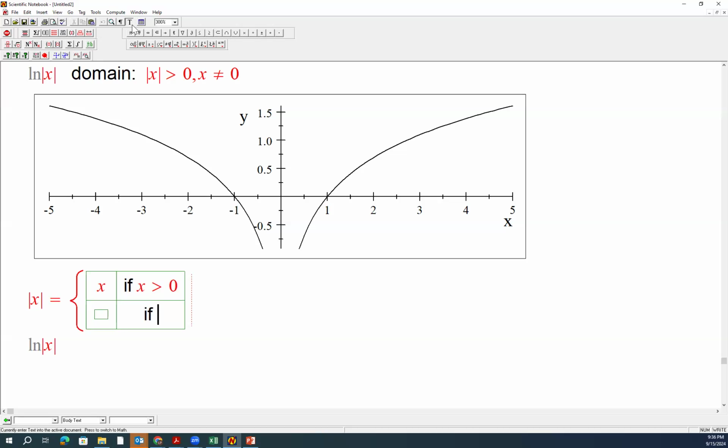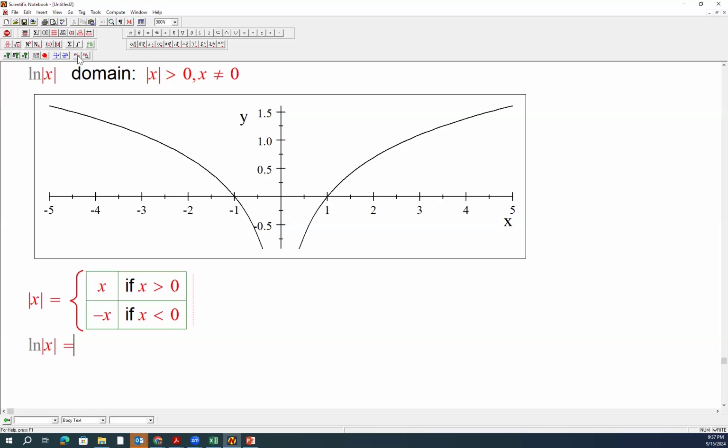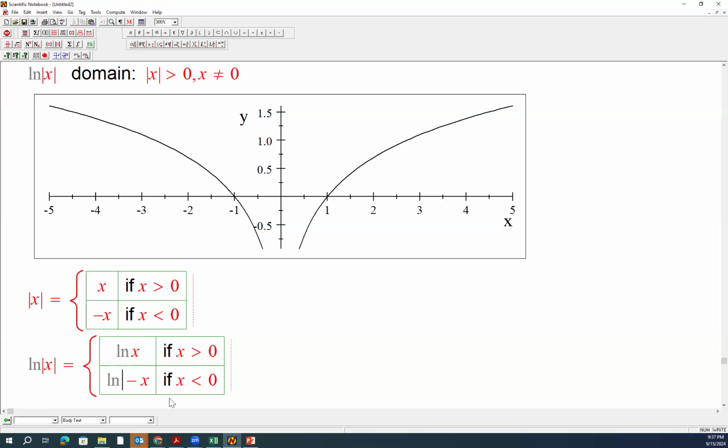If x is negative, then the absolute value of x is the opposite. So we can write ln of the absolute value of x in two pieces. In other words, when x is larger than 0, it's just ln x. And in case x is less than 0, it's ln of negative x.